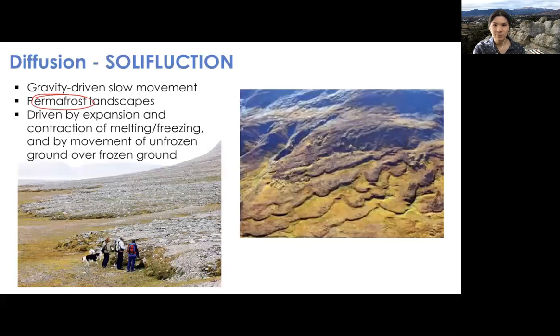And so we get this solifluction, which looks a lot like the landscape just dripping on itself, which is a result of a gravity-driven movement of soil downslope that's aided by that frozen ground freezing and thawing throughout the year, which kind of lubricates the subsurface so the soil can move a little bit more quickly.